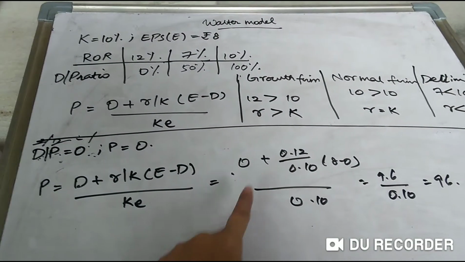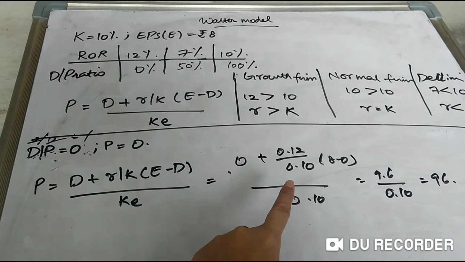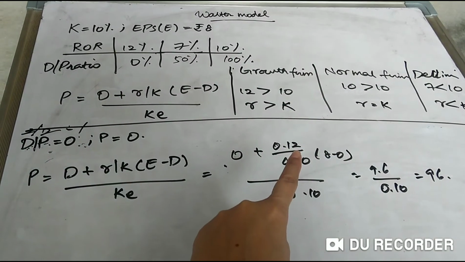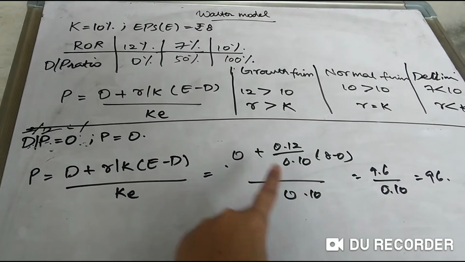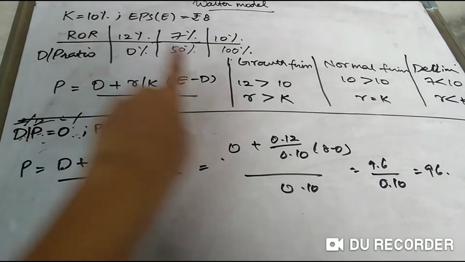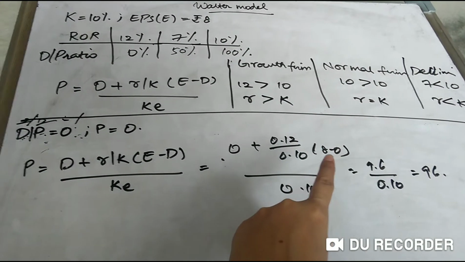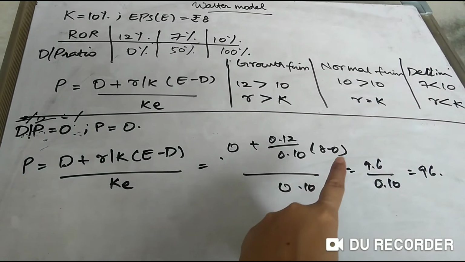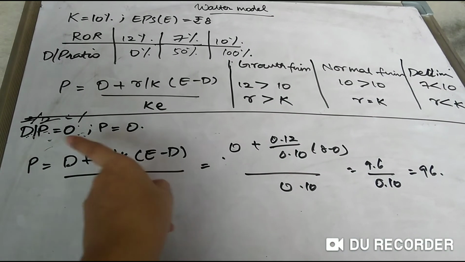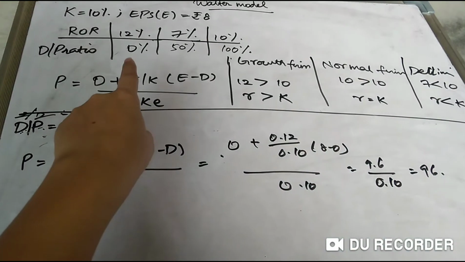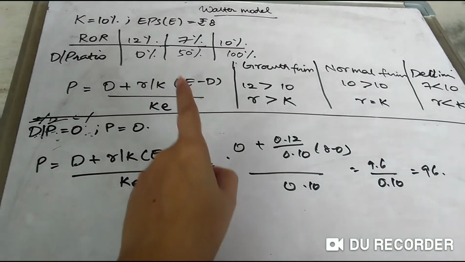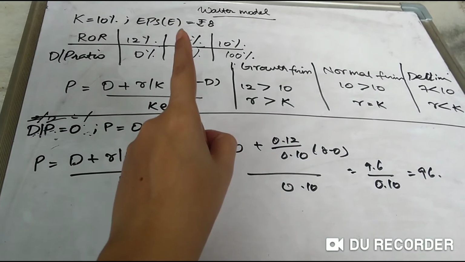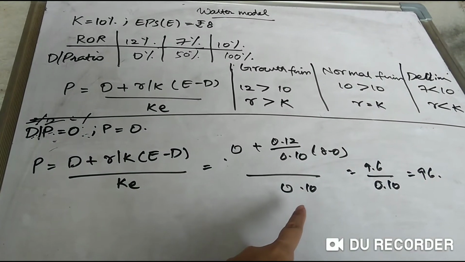So D is 0 plus 0.12, that means your ROR we have taken in decimal, divided by K. K is fixed, 10%, so 0.10. Now why have we taken 8 here? Because your EPS, E, is 8, minus D. D is given in the problem as 0, divided by again your KE, that is your EPS, again 0.10.